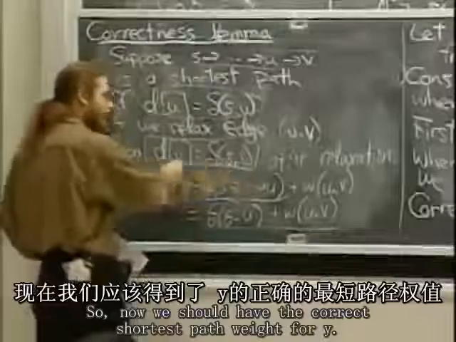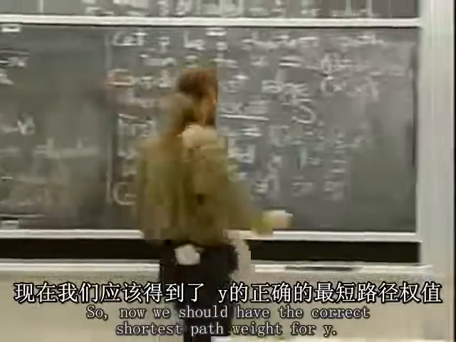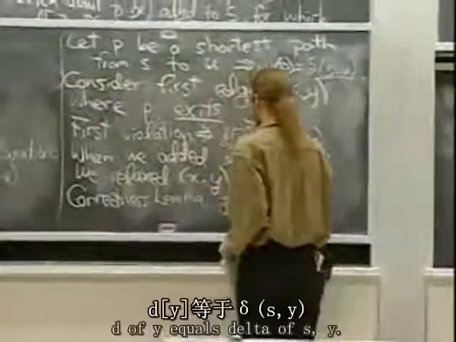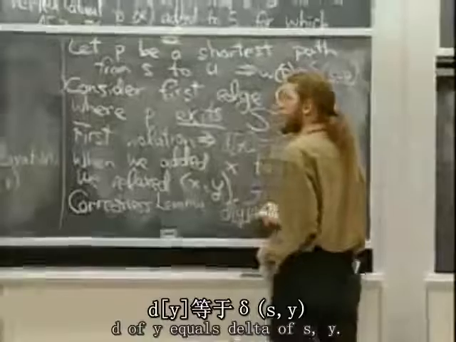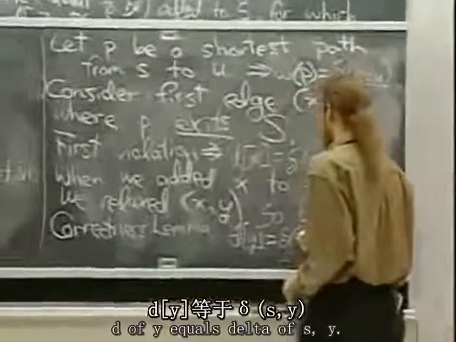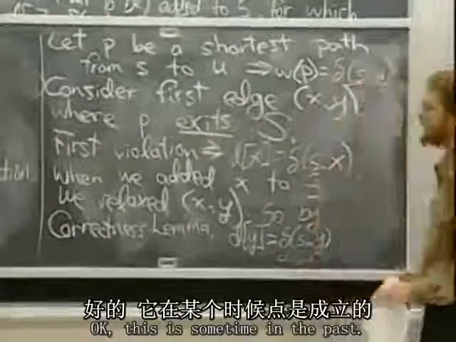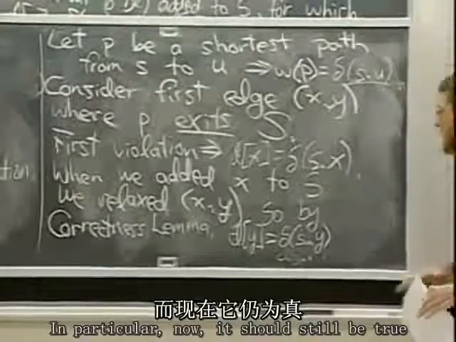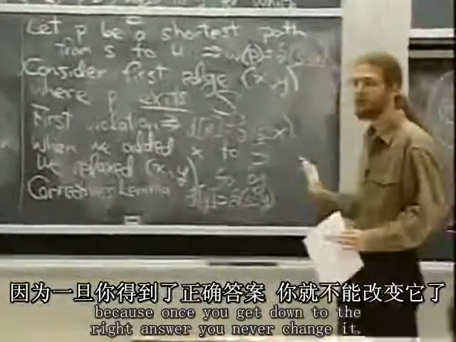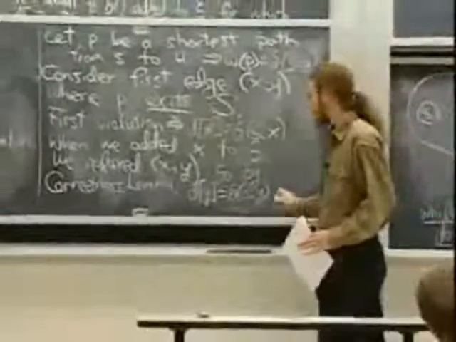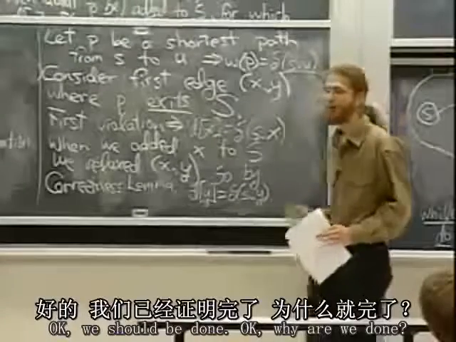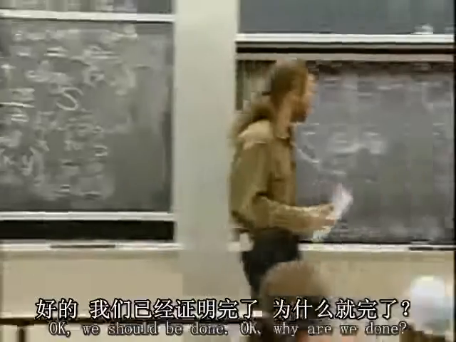So now we should have the correct shortest path weight for y. D of y equals delta of s comma y. This is sometime in the past. In particular, now it should still be true, because once you get down to the right answer, you never change it. Okay, we should be done. Why are we done?